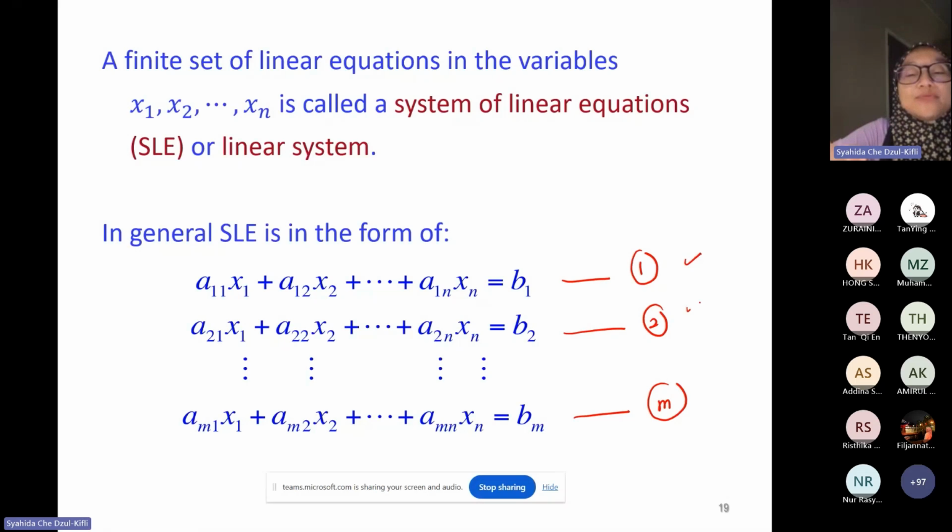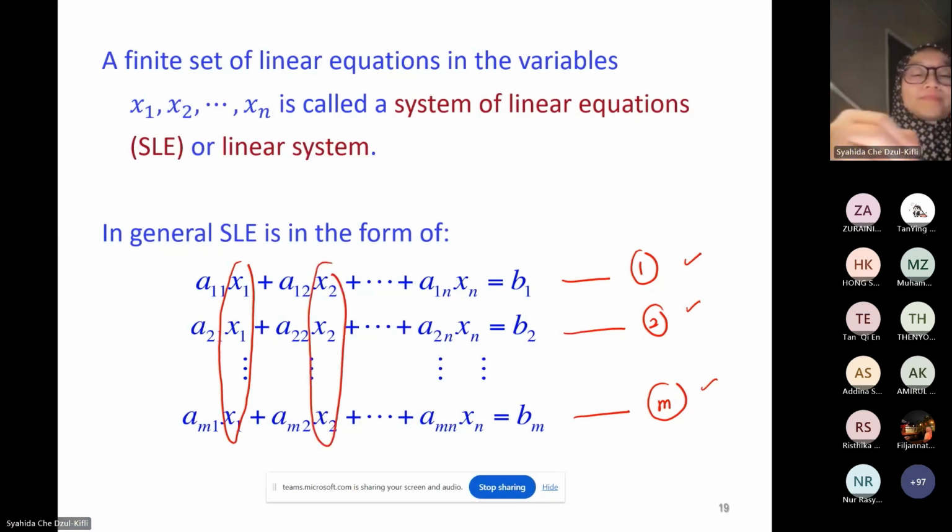In each equation, it has variables x1, x2, up to xn. So it has the same variables x1, x2 up to xn.